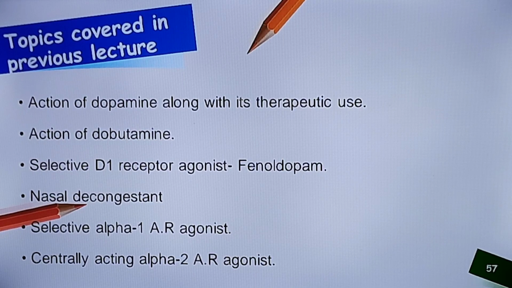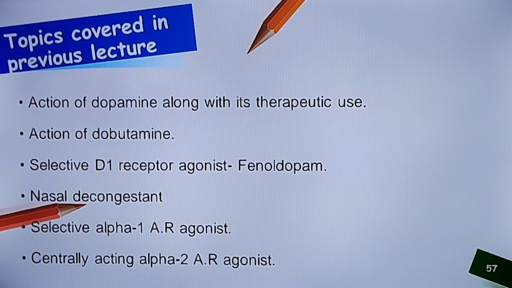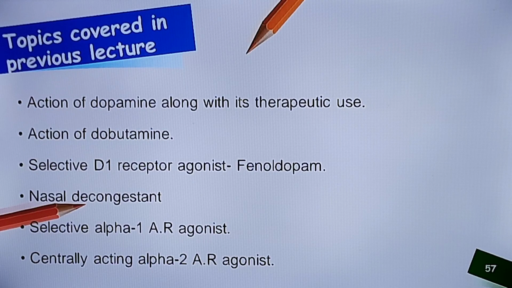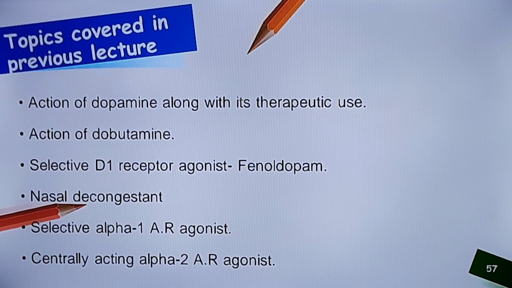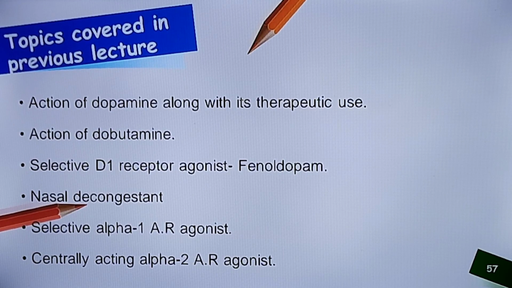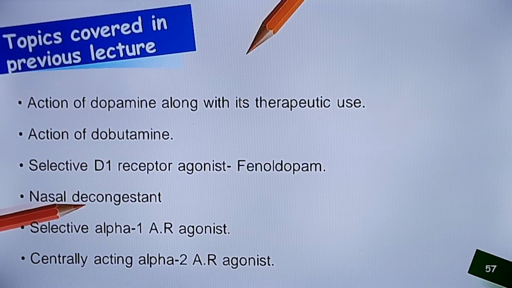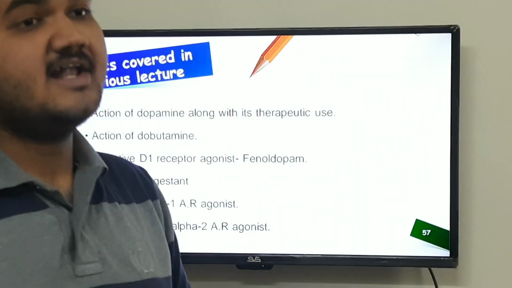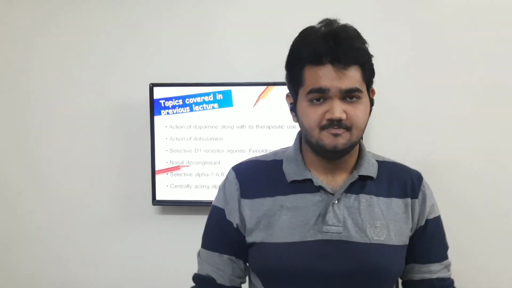Then we studied about nasal decongestant and which drugs can be used as nasal decongestant. Then we saw about the selective alpha 1 adrenergic receptor agonist, and we also saw about the centrally acting alpha 2 adrenergic receptor agonist, and we saw examples of centrally acting alpha 2 adrenergic receptor agonist.